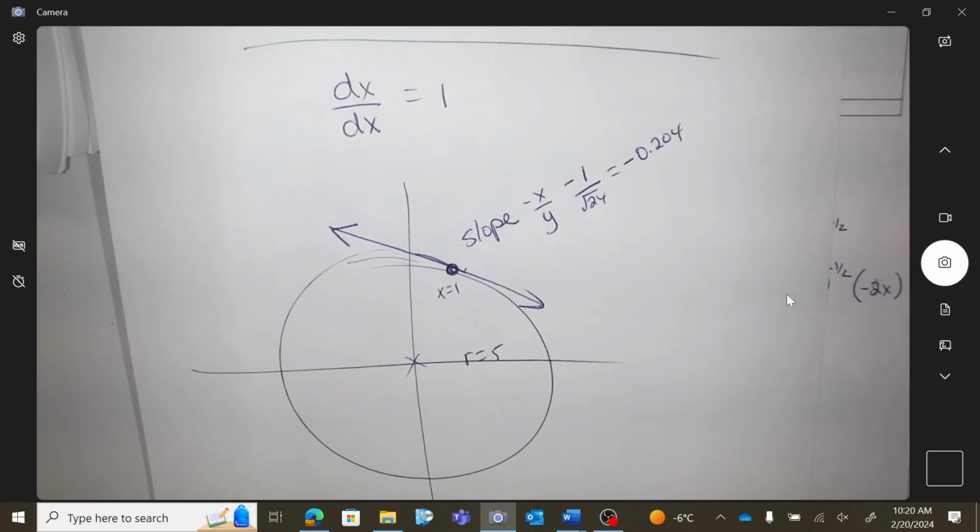Would that make sense? Does your line look like it's going on a slope of negative 0.2? Okay, so this is what it's all about. You don't have to be doing this, but I'm trying to get you some visuals so you can make connections about why we are doing this, what's going on.